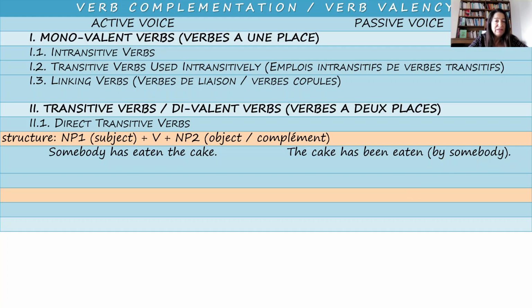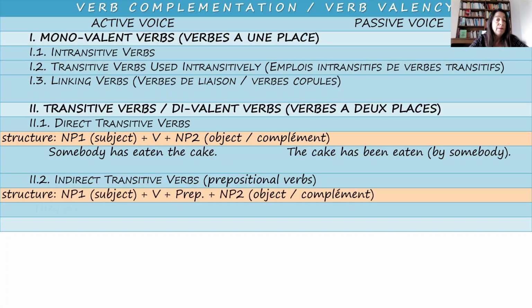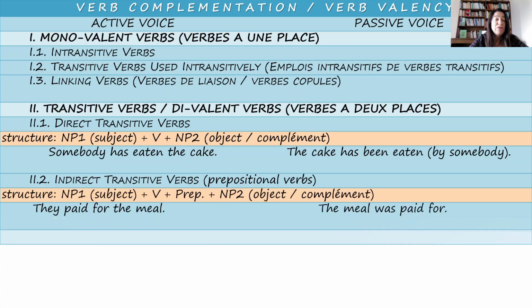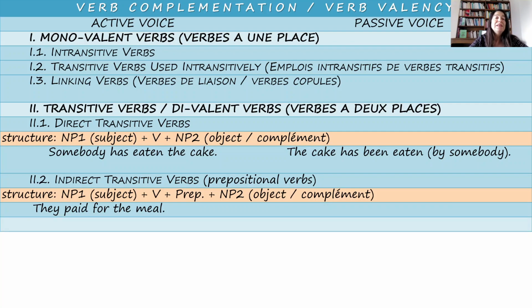And then transitive verbs can also be indirect, in which case there is a preposition between the verb and the object. So an indirect transitive verb is the same thing as a prepositional verb. For example, they paid for the meal.